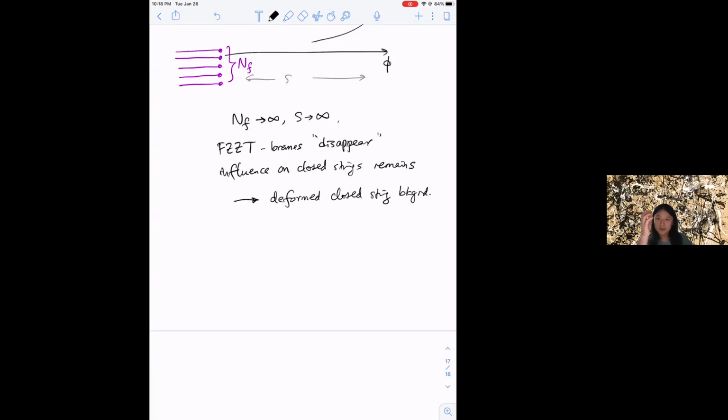But for now, let's just entertain the possibility of considering this decoupling limit at finite temperature. So let's consider finite temperature, which is 1 over 2 pi r.